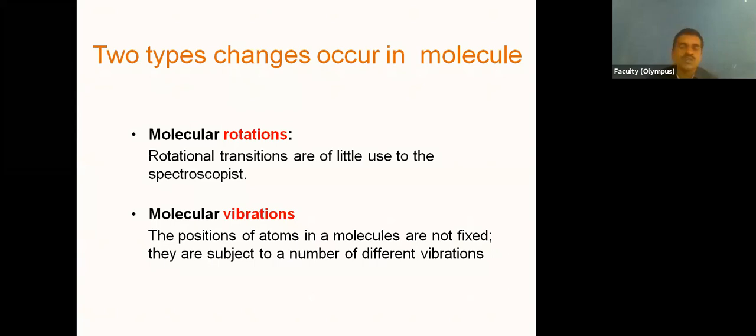This is called vibrational excitation. These vibrational excitations are studied in infrared spectroscopy. That's why infrared spectroscopy is called vibrational spectroscopy. Okay. Now, types of molecular vibrations.